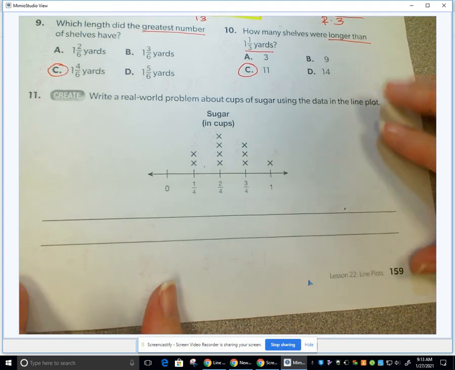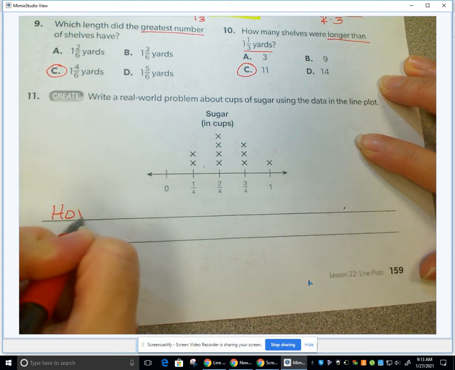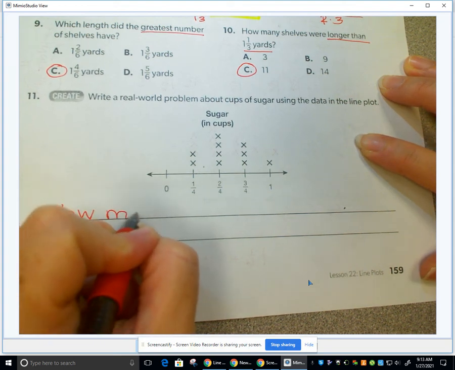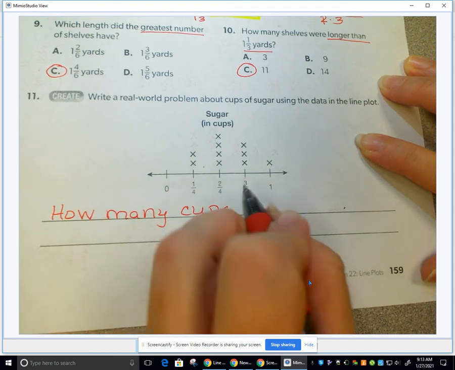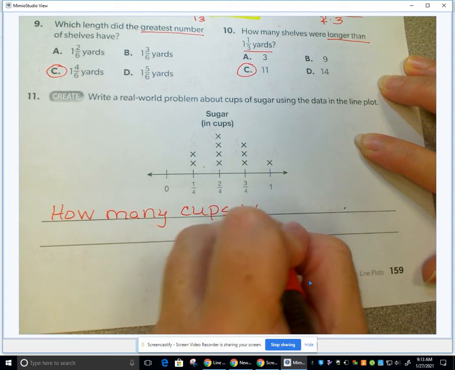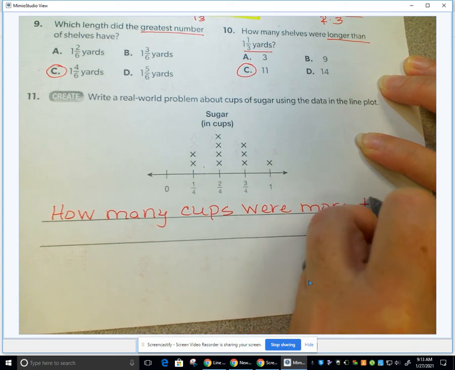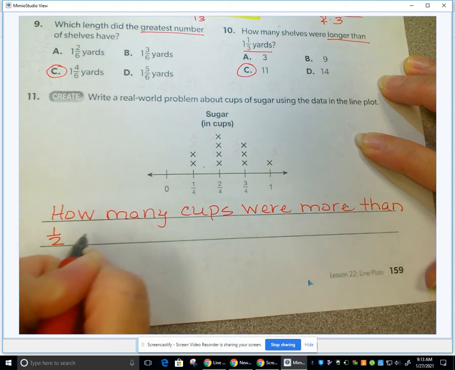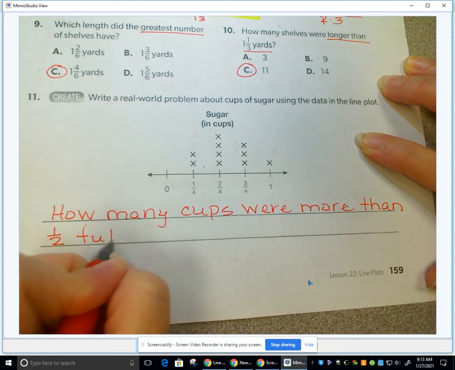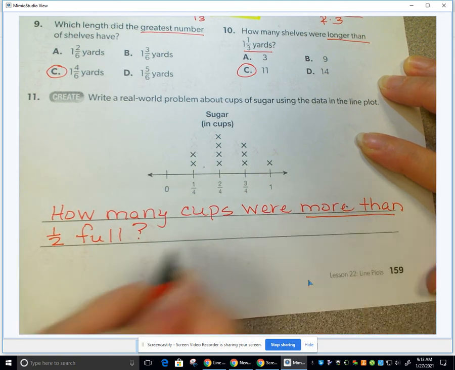Now, if I had to write a problem, I could ask how many cups were more than half full. How many cups were more than half full?